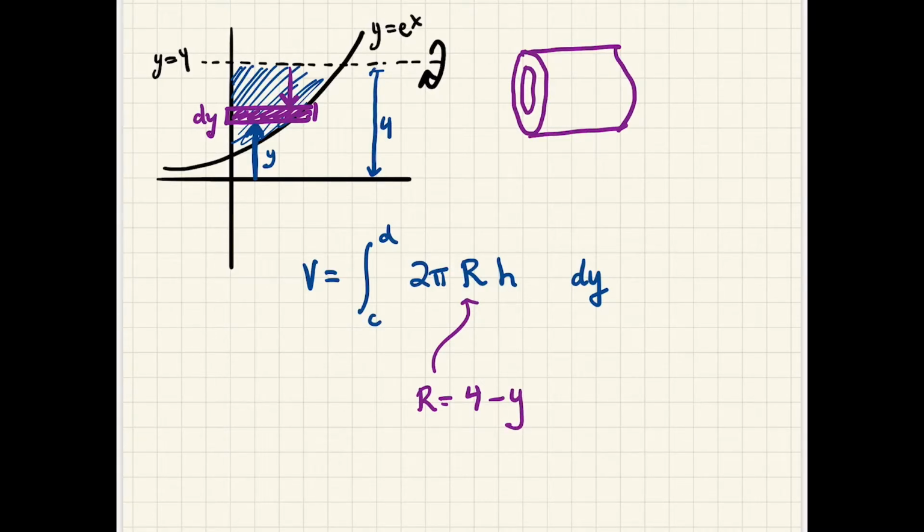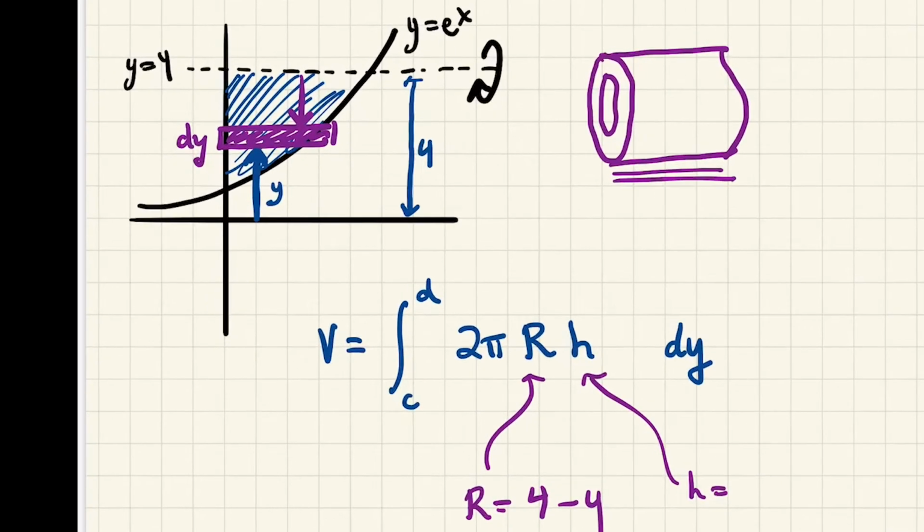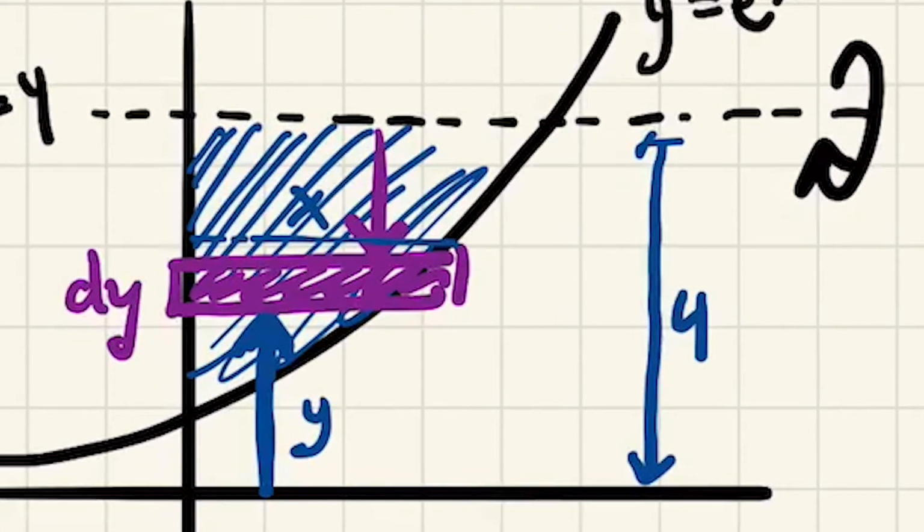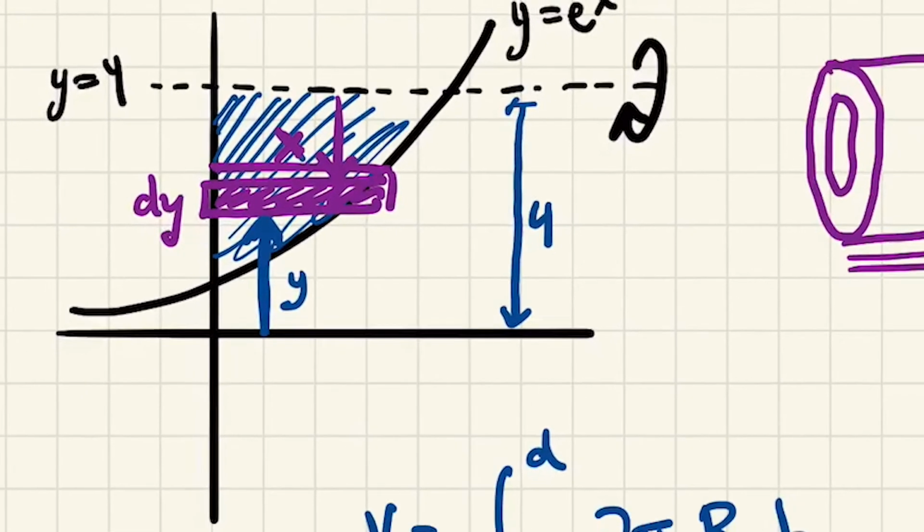Okay, and what's our height? Well, our height is the height of the cylinder, which in this case is a horizontal length. Okay, so what is the height here? Well, it's actually just x. Okay, this horizontal distance is x. It's very hard to see what I just drew, but this horizontal distance here is x. So what is our height? Our height is x.